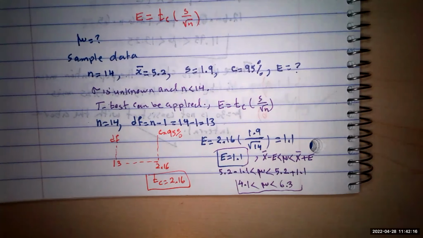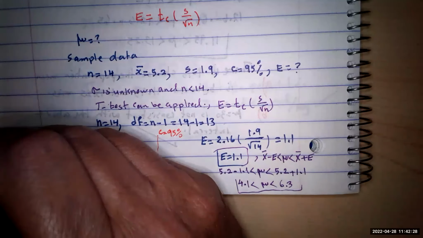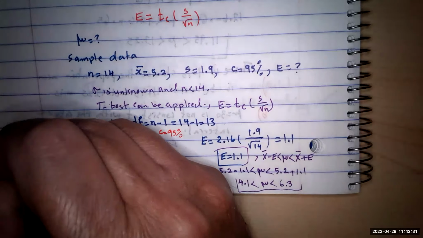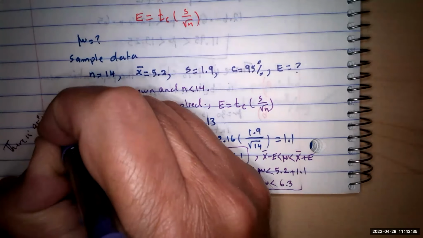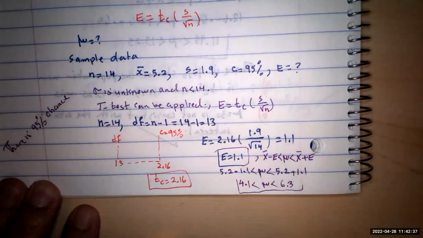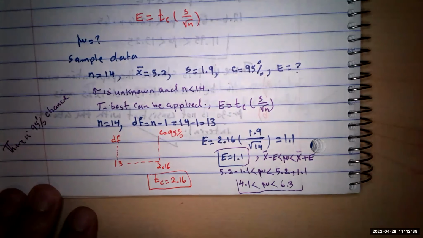But you have to make a comment. Your comment is going to be, we have a level of 95%. So there is a 95% chance that on average you are going to get this number of phone calls.